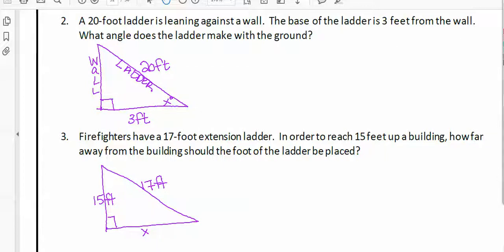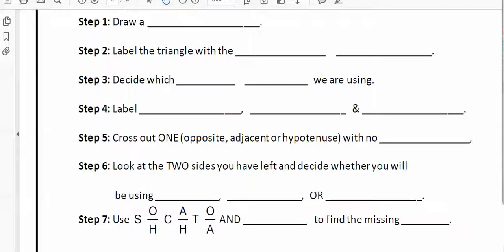So let's go ahead and look at the back, or skill number 2. I'm going to go ahead and fill in my steps because I think that that's important. Step 1, I'm always going to draw a triangle. Now, that really is just a picture to go along with what it's telling me. I'm going to then take that triangle and label it with the given information.